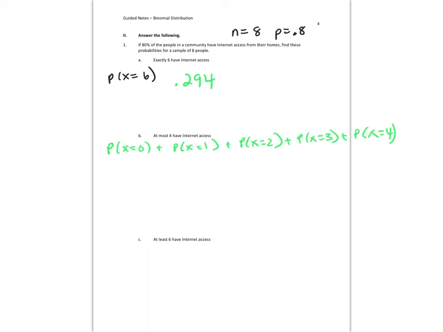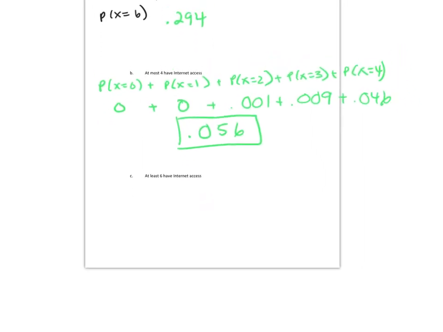So that's going to be 0 plus 0 plus 0.001 plus 0.009 plus 0.046. And that gives me 0.056.